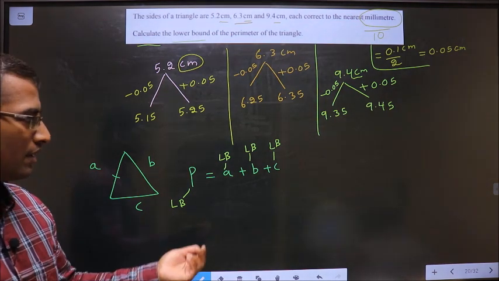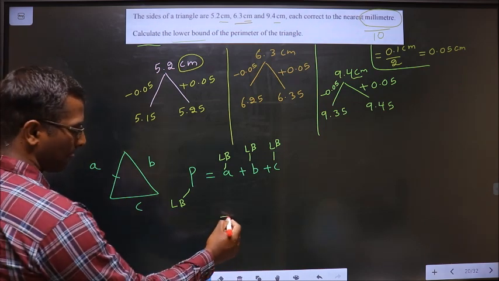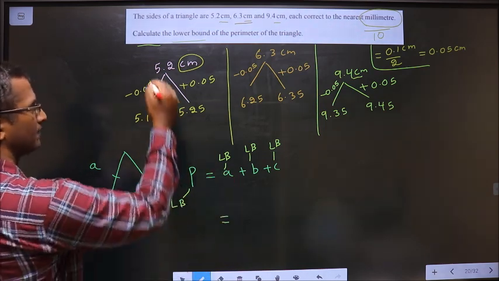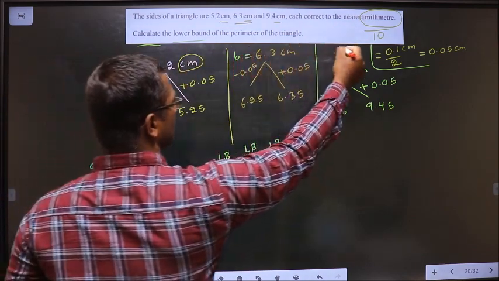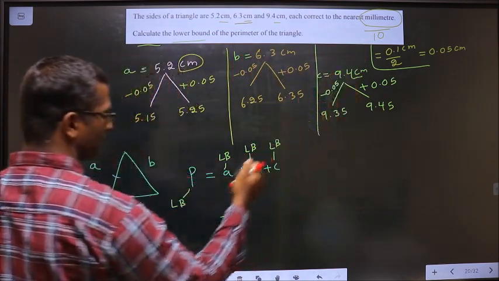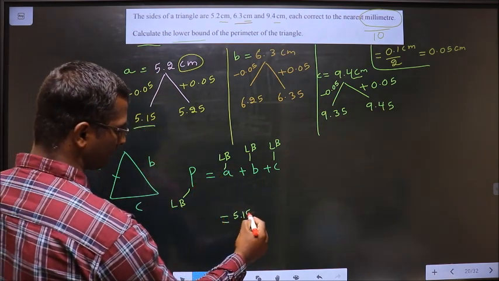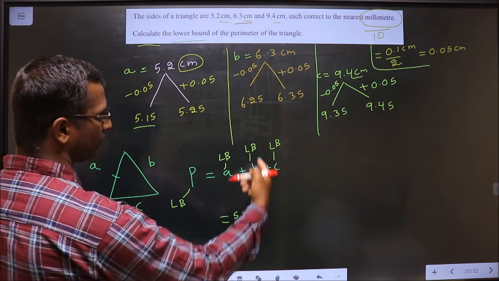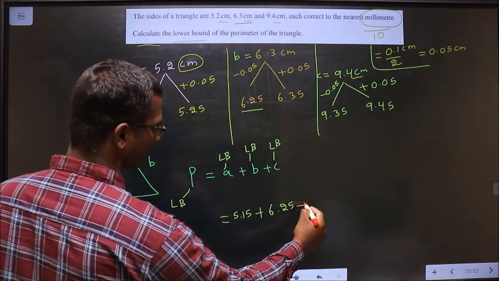Clear? So now let us replace the values. So lower bound for A, if I take this to be A, this to be B and this to be C. Lower bound for A is 5.15. Lower bound for B is 6.25.